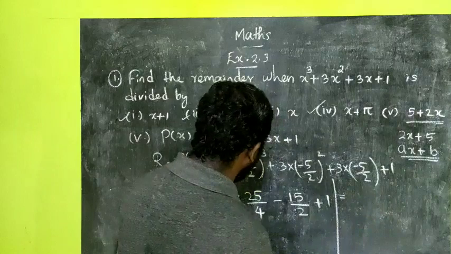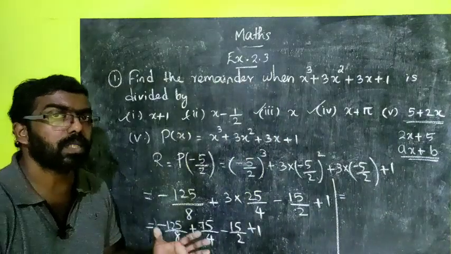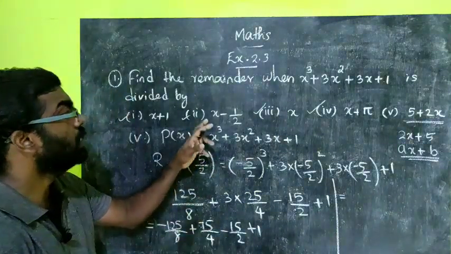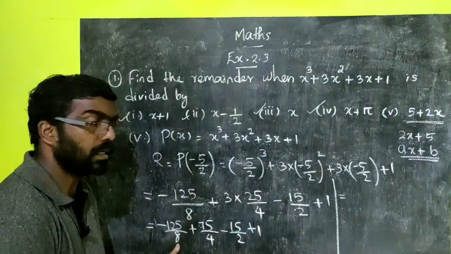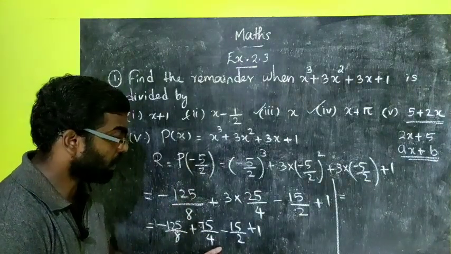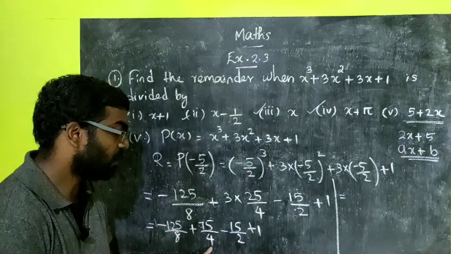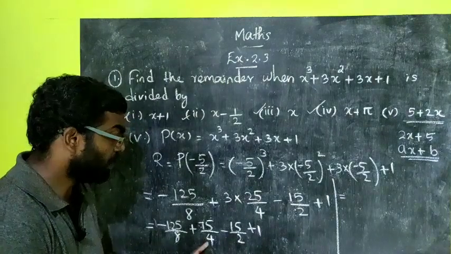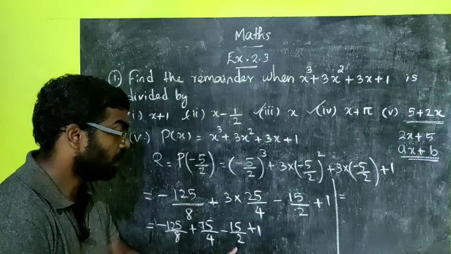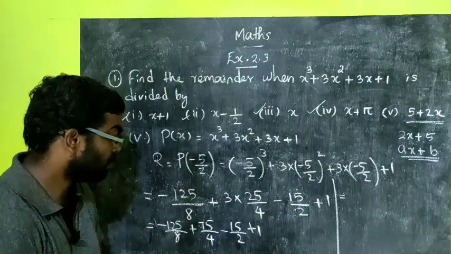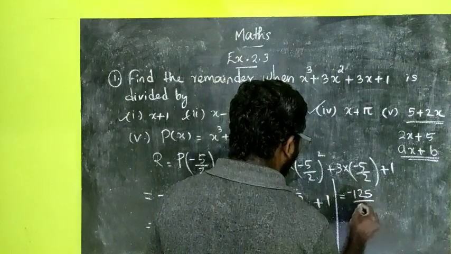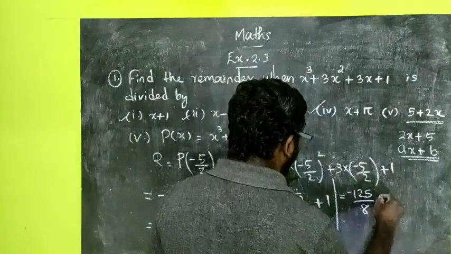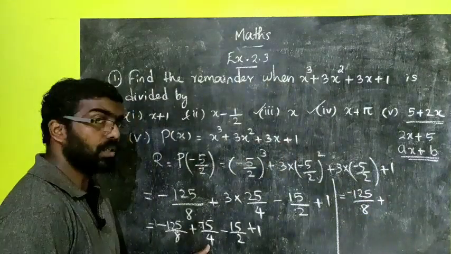So which is equal to, so here also we can do the same thing that we have already done in the second question. That means we have to make the denominator as 8. Okay, because all others are the factors of 8, 4 and 2. Okay, if we multiply 4 by 2, we will get 8. 2 into 4, it's also 8. So minus 125 divided by 8, then plus 4 into 2, 8.